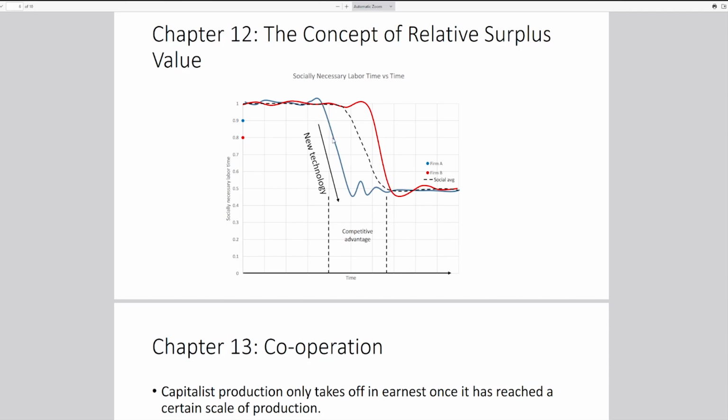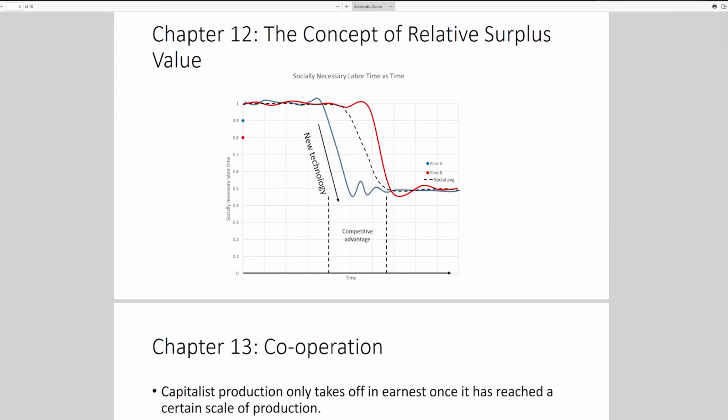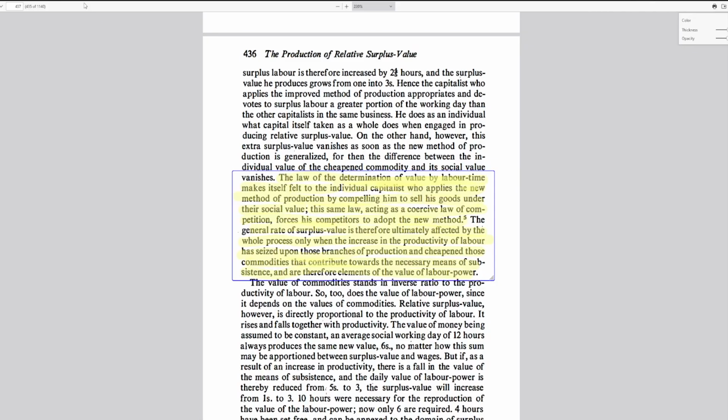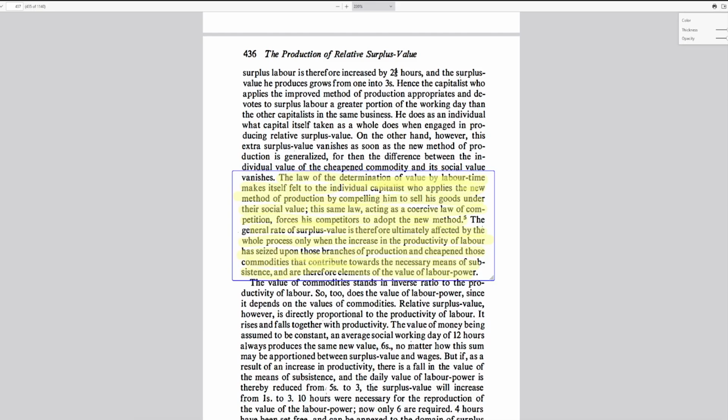That is always your goal in order to dominate the market. But then he says, at the same time, everyone else wants to do that, right? So it's coercive. It's forcing everyone to do the same thing, and eventually the competitors adopt the same method. There you go. The Red company, yeah, they might get hoodwinked for a little bit here, but they're eventually going to figure it out and catch up because they're coerced to do so.